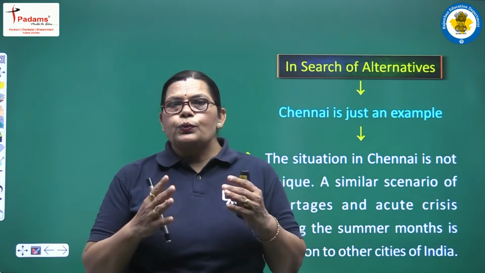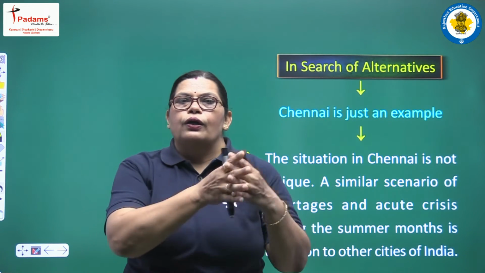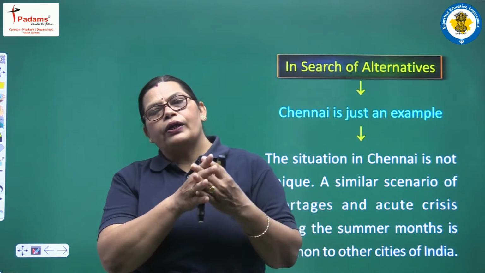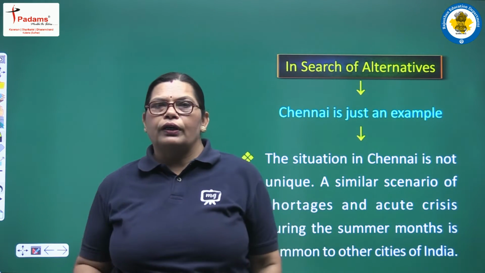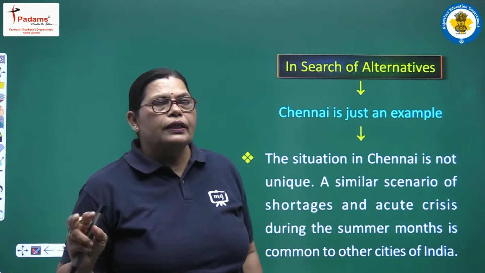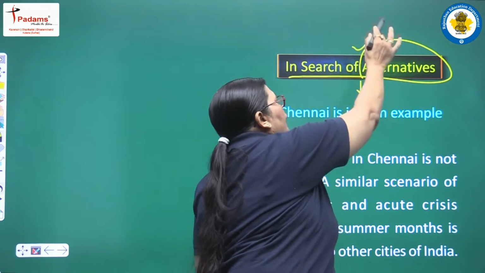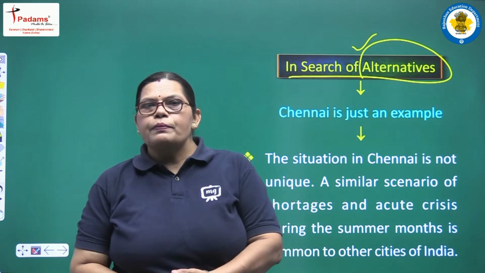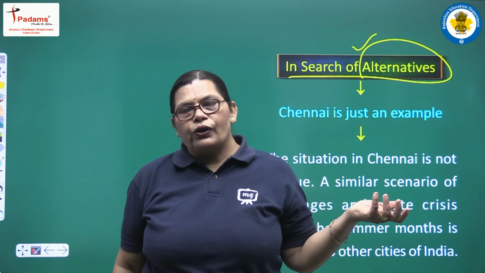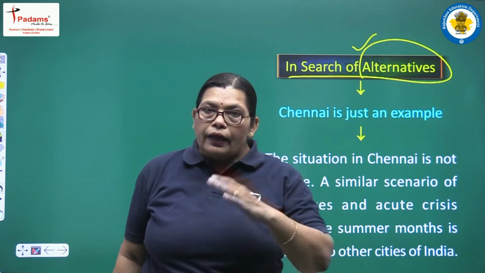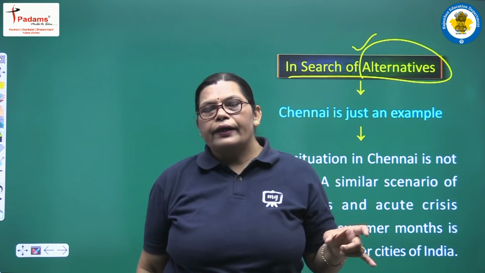Okay, so this one is the real situation of the drinking water and the availability of water. When we are considering these two things, students, we will go in search of alternatives. Yes, many times sufficient water is not there, then what's the alternative? Is there any alternative for this one?